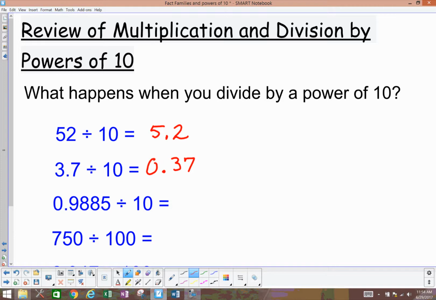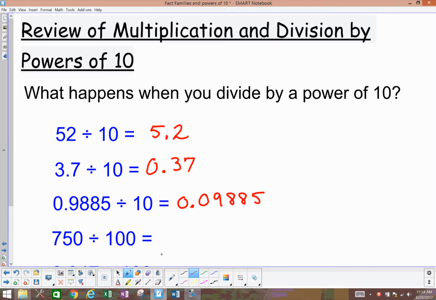That means when I have 0.9885, I'm going to shift by 1 decimal place, 1 place value. So 0.9885 will each shift 1 place value in the reciprocal direction.